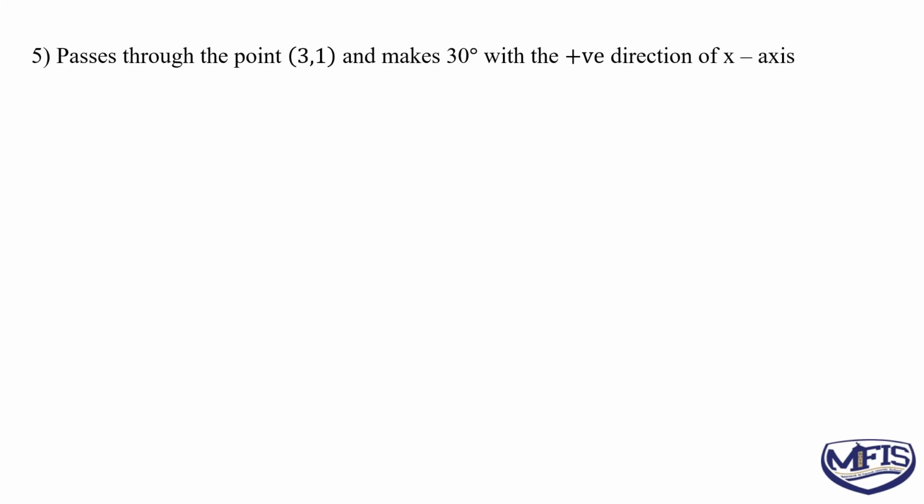It passes through the point (3, 1) and makes 30 degrees with the positive direction of the x-axis, so we can find the slope of the straight line by using tan of the angle, which is 30. So m equals tan 30, which equals 1 over root 3. So the u direction will be (root 3, 1).